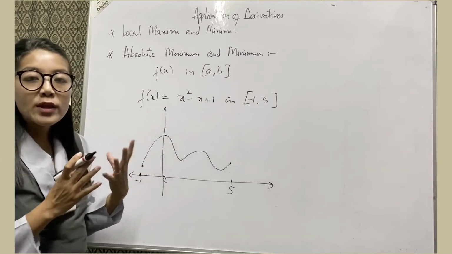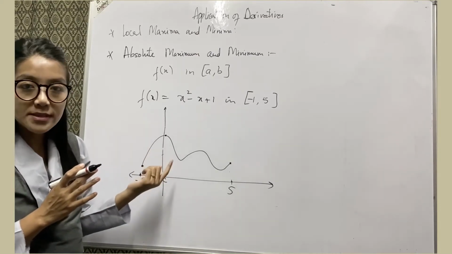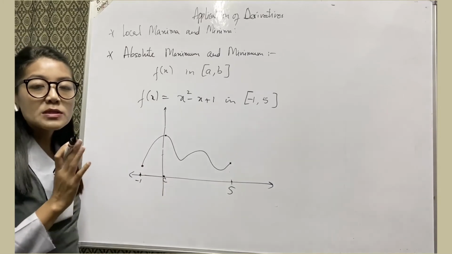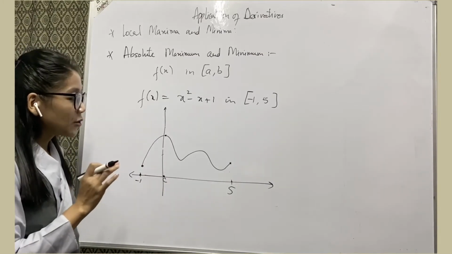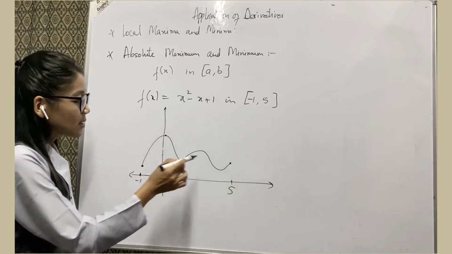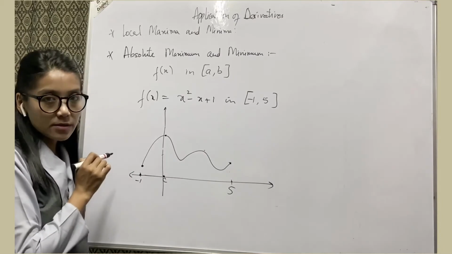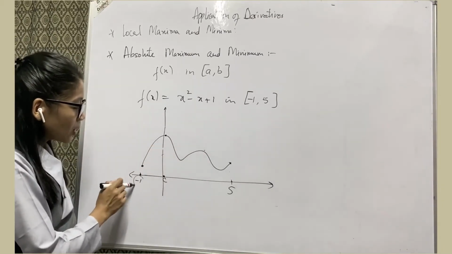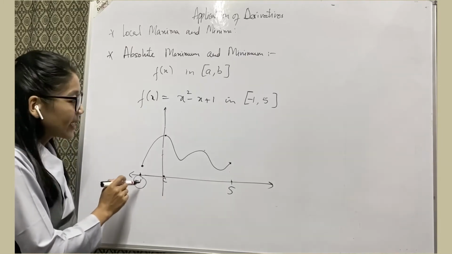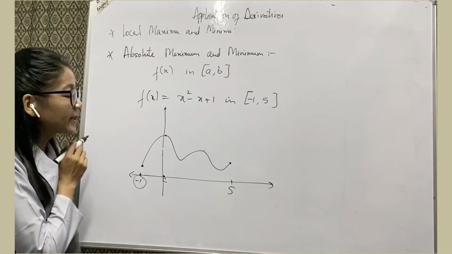When you are finding the absolute maximum and absolute minimum value for a neither increasing nor decreasing function, the absolute maximum and absolute minimum value of the function will either lie at the two extreme points or at one of the critical points. So for example, when you consider this function, the minimum value lies at negative 1 and the maximum value lies at c. So it's clear, right?